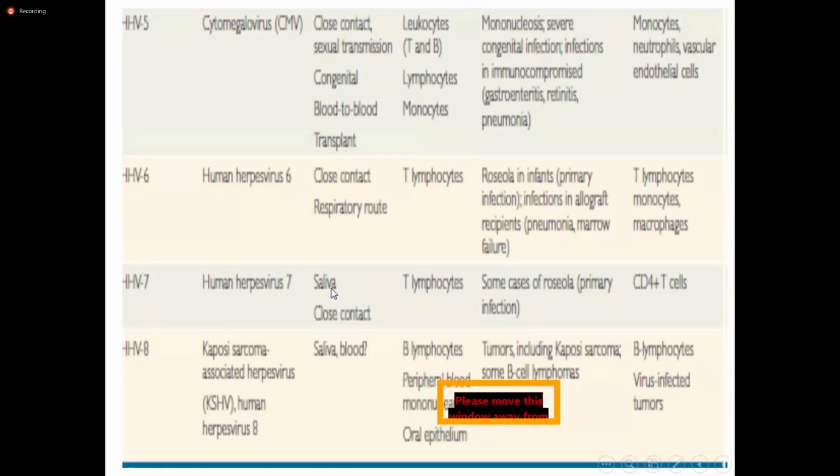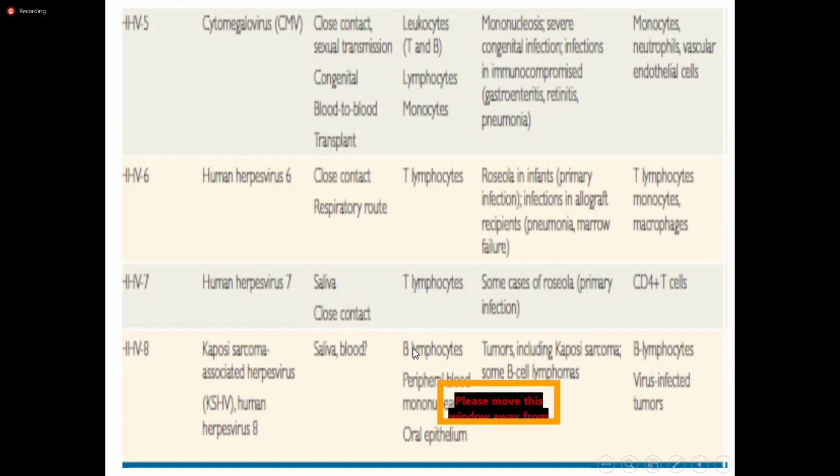Herpes 7 can be transmitted by saliva and close contact and stays in T lymphocytes, similar to 6, where it stays latent in CD4 positive T cells. The last one, human herpes virus 8, is associated with Kaposi sarcoma and can be transmitted by saliva and blood.